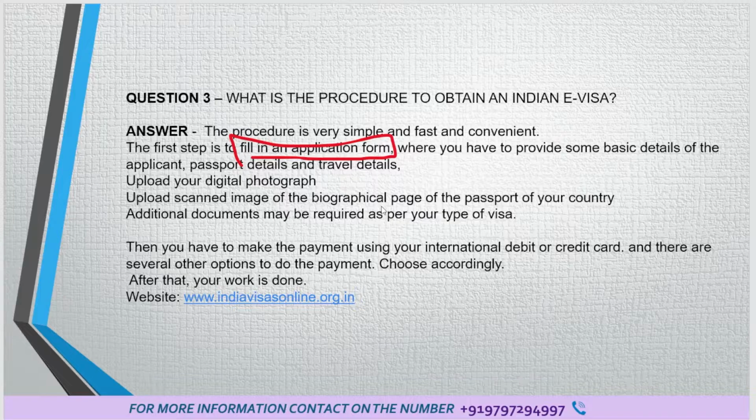There is no hassle, there is no standing in long queues, there is no waiting. You just have to have 10 or 15 minutes. You will just finish your application form, pay the payment, and just wait for the approved visa to be sent on your email ID. Okay, so first step is to fill in the application form.